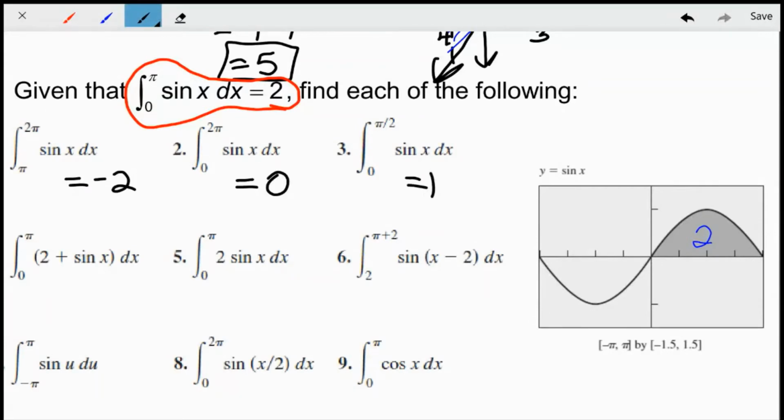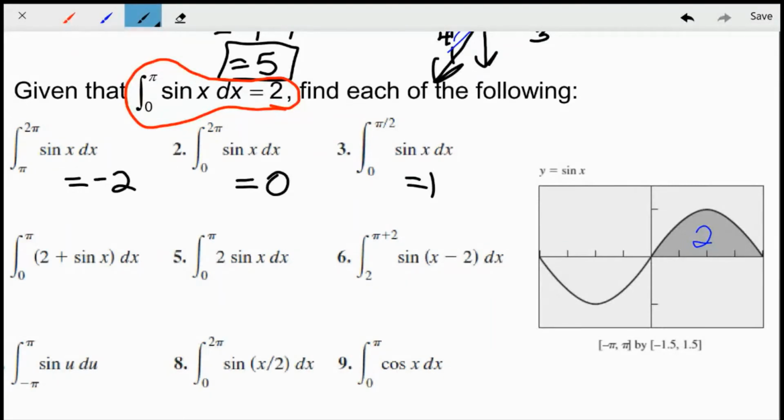Now, if I were to start doing things like 2 plus sine x, there's a couple of different ways to look at this. But really what we're doing is translating that region up by 2 units. When we translate it up by 2 units, essentially we create a rectangle of area underneath this curve that we have right now.